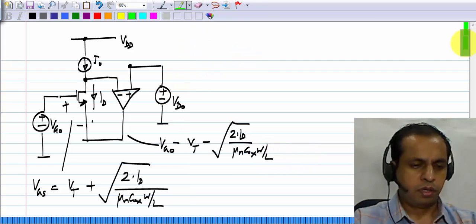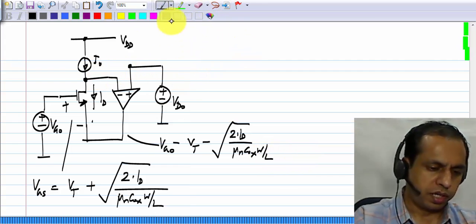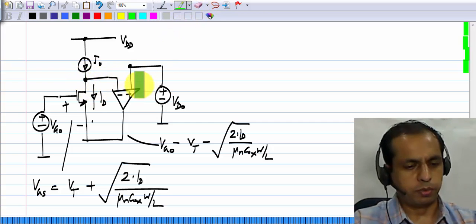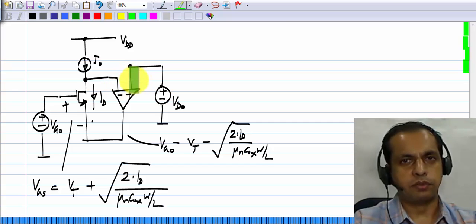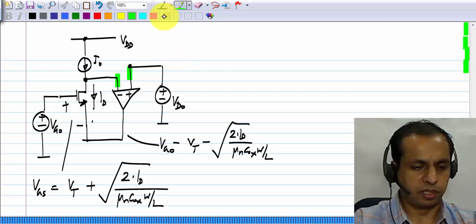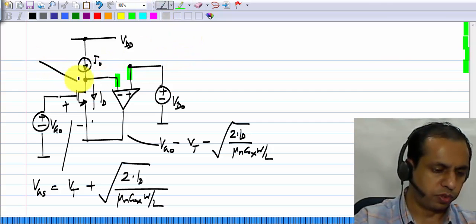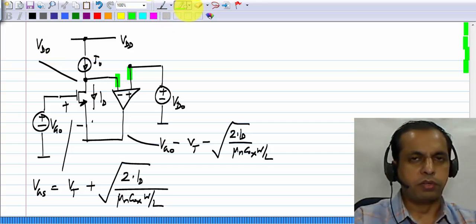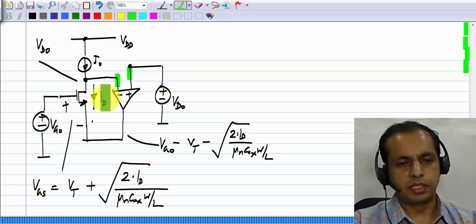Okay. Now, the drain voltage here, what is that? You can figure out the value by realizing that the op amp's inputs are virtually shorted because the op amp is in negative feedback. So these two inputs are at the same voltage. So the drain voltage is VD0. Okay. Now, how do you verify whether the transistor is in saturation region?